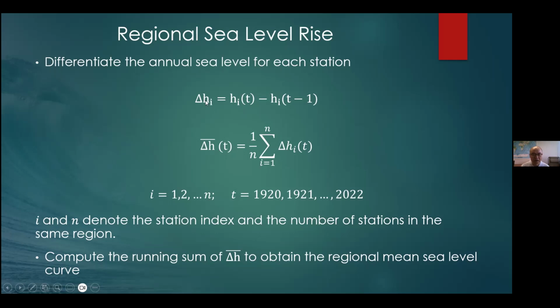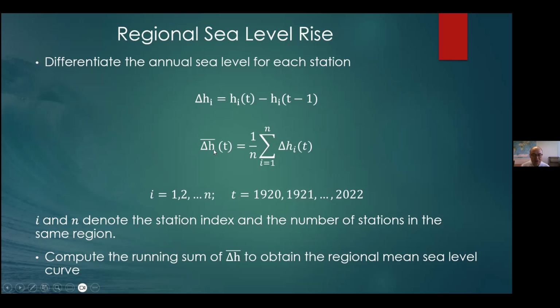So delta H_i is the yearly annual sea level difference. Then we calculate the regional mean of delta H_i for the same region, delta H bar, the regional mean of the yearly sea level difference, where N is the total number of stations in the same region.